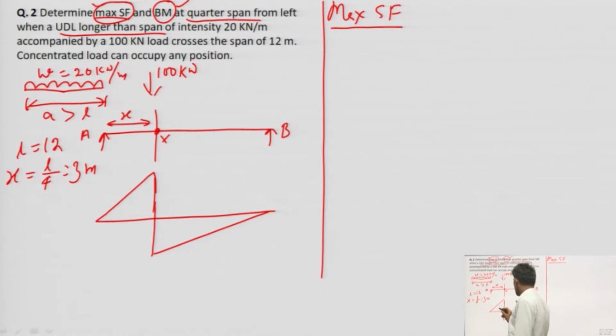This is positive side, this is negative. If this distance is x, then this ordinate is x by L, that is 3 by 12, so it is 1 by 4, and the remaining ordinate of the IL will be 3 by 4, because the sum of both ordinates is equal to 1.